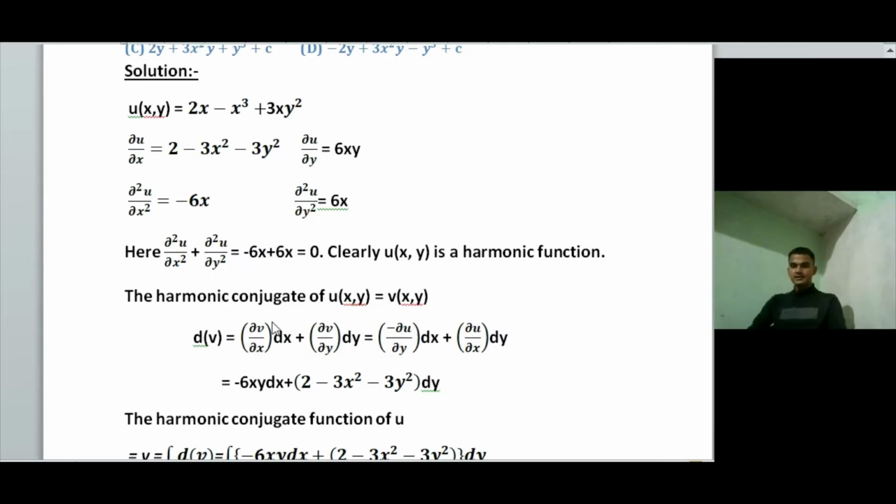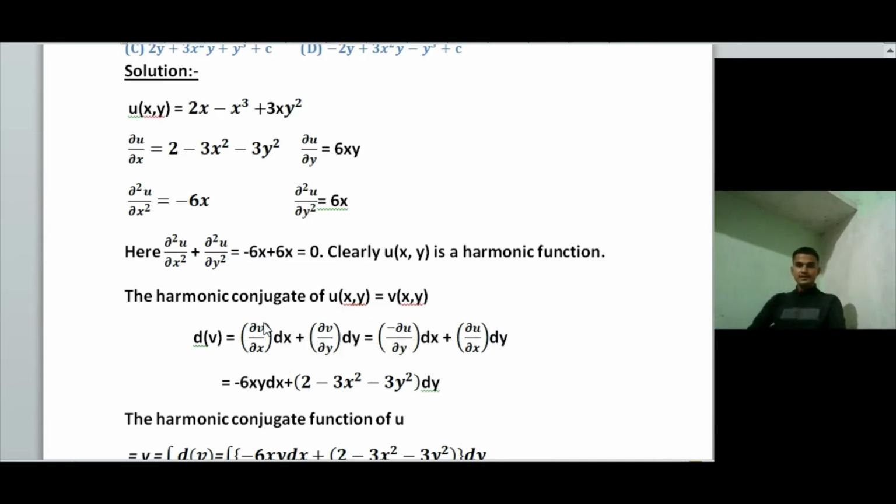This is a u term, this is a v term here. We will place a u term here instead of this v term, and we will also place a u term here instead of this v term. So by CR equation we will do it.